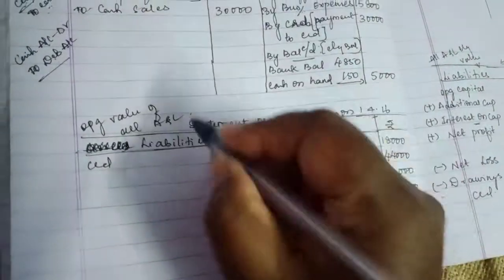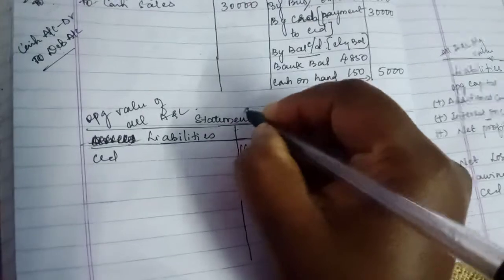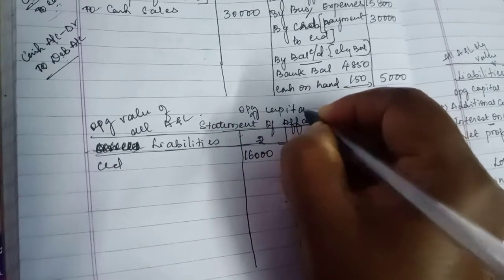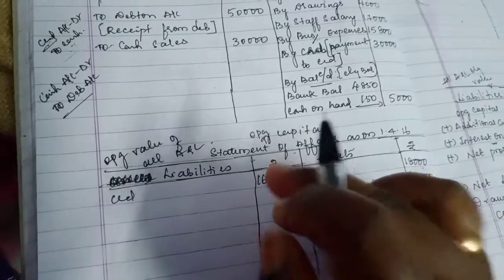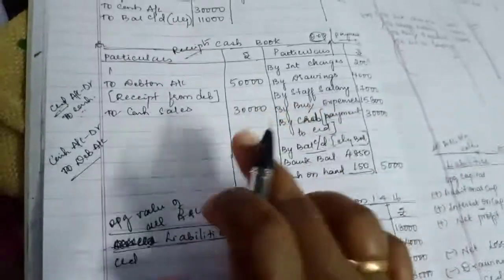Because why do we prepare statement of affairs is a question. Statement of affairs is prepared to find out the opening capital. To find out opening capital, you need to prepare statement of affairs. So if you want to close the statement of affairs, first close cash book.